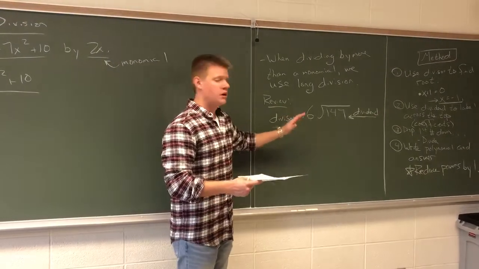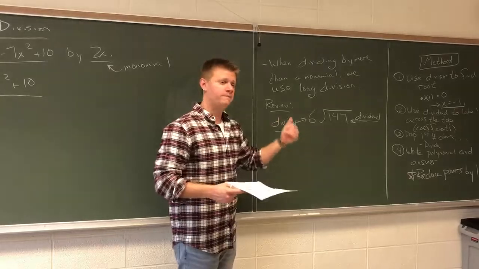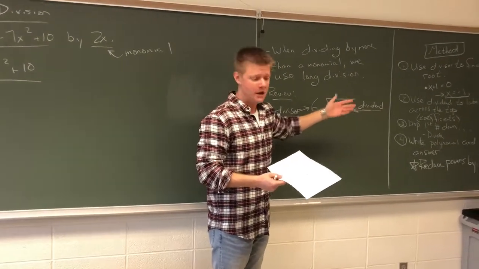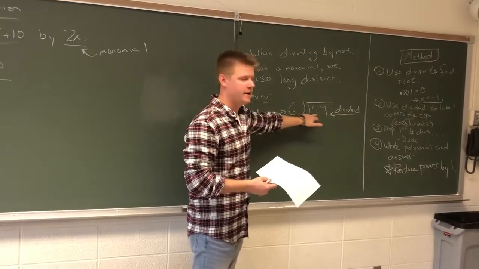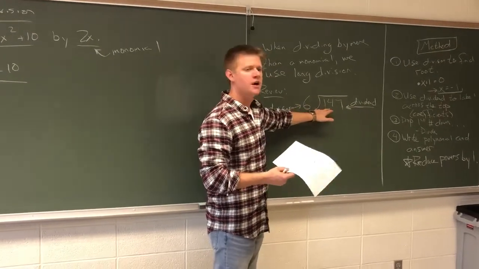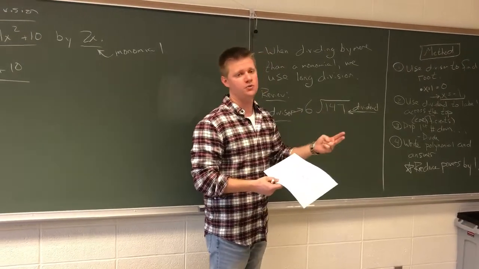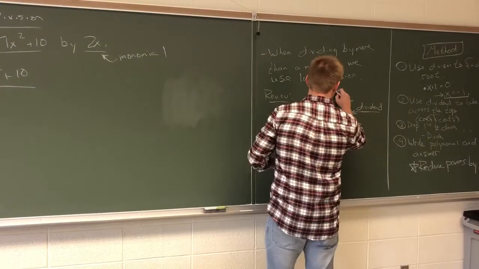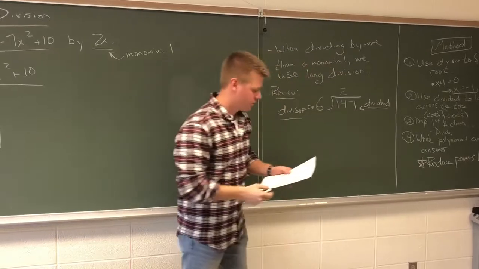To do the long division algorithm, here's what we think. How many times does 6 go into 1 evenly? The answer's none. Then I move on, tack on the next digit. How many times does 6 go into 14? The answer to that is 2, because 6 times 2 is 12, not yet going over 14. So I fill in a 2.